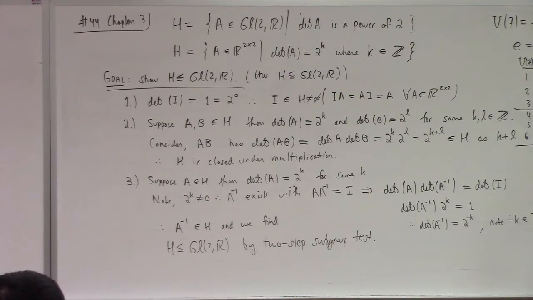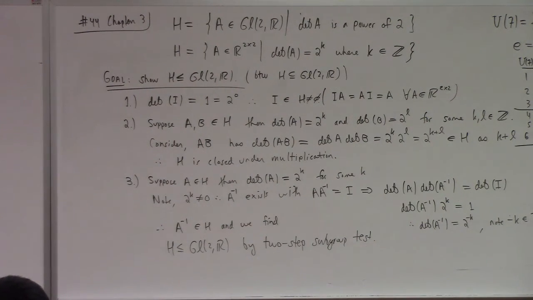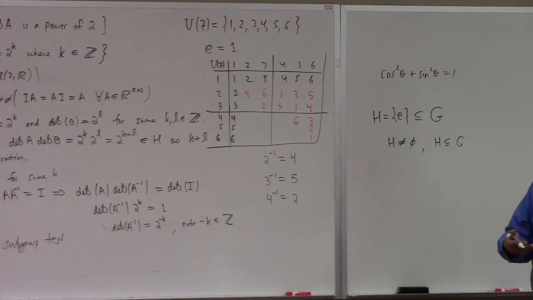If you think about the set just containing E, of course that's a subset of G for any group. If you think about this being H, well, H is non-empty. It's clearly a subgroup because the identity in the group is in it. And if you think about the one-step or two-step subgroup tests, they're almost immediate.